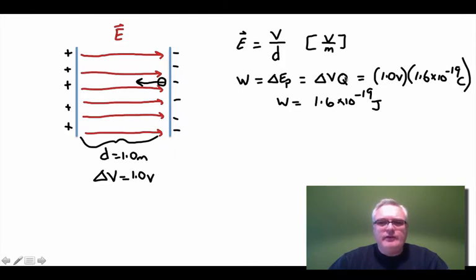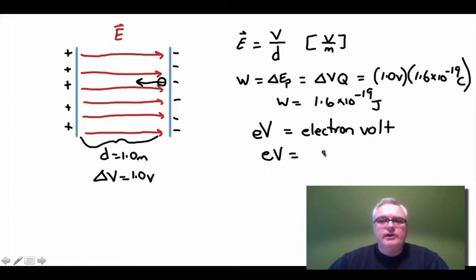So that's a very tiny amount of energy. And in fact, rather than expressing the work or the energy in these tiny amounts in joules, we have another unit which we use, which is called the electron volt. And the electron volt is the amount of energy that an electron gains when it passes through 1 volt of potential difference.